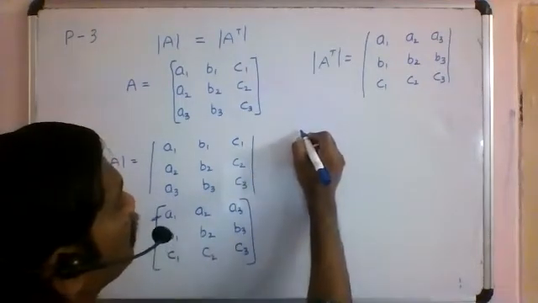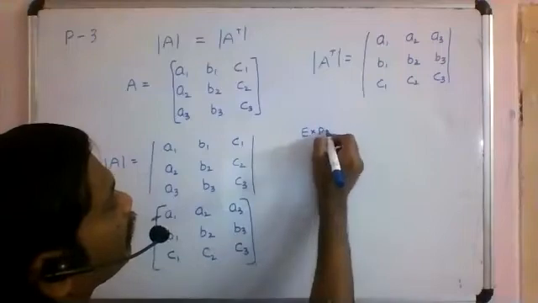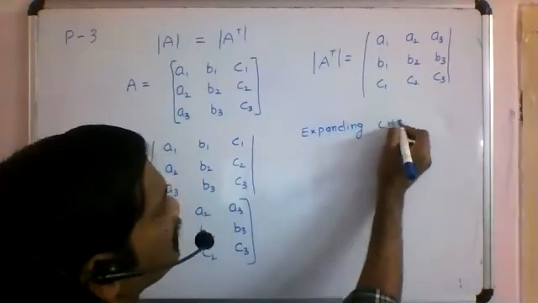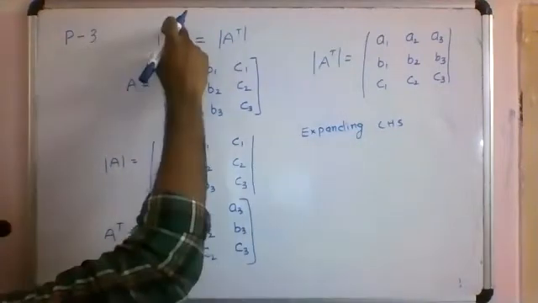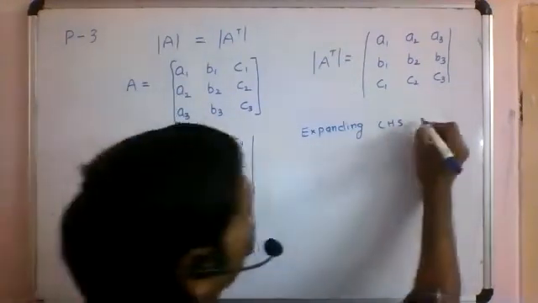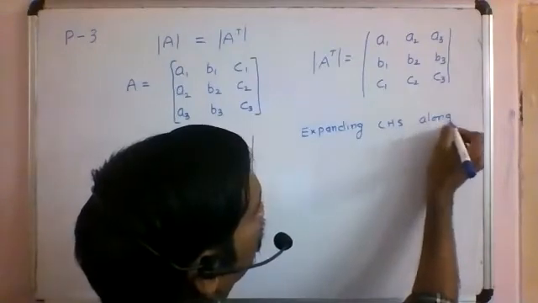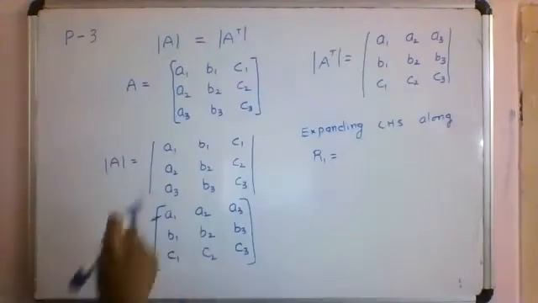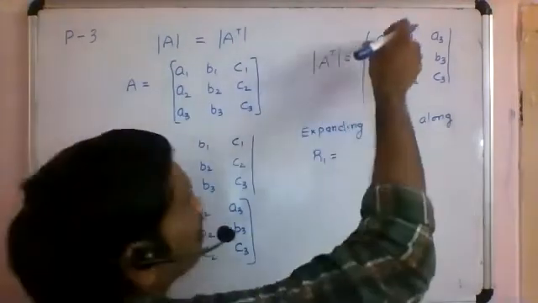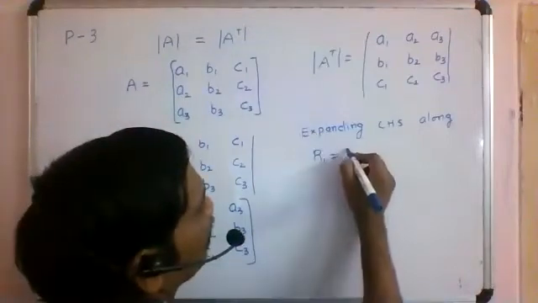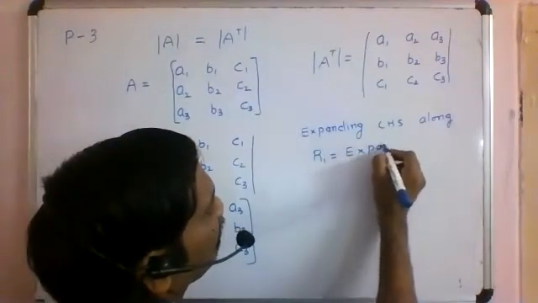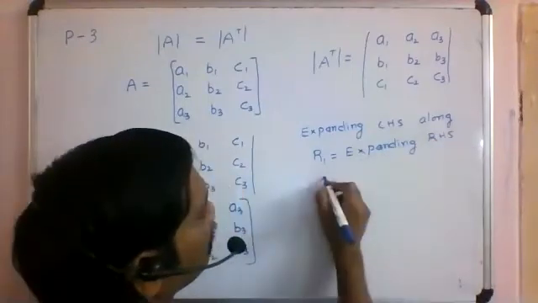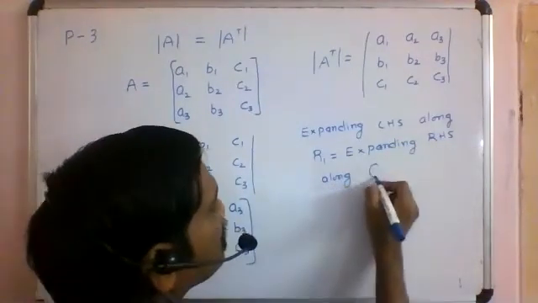So expanding the LHS along the first row is equal to expanding the RHS, right hand side, along the first column.